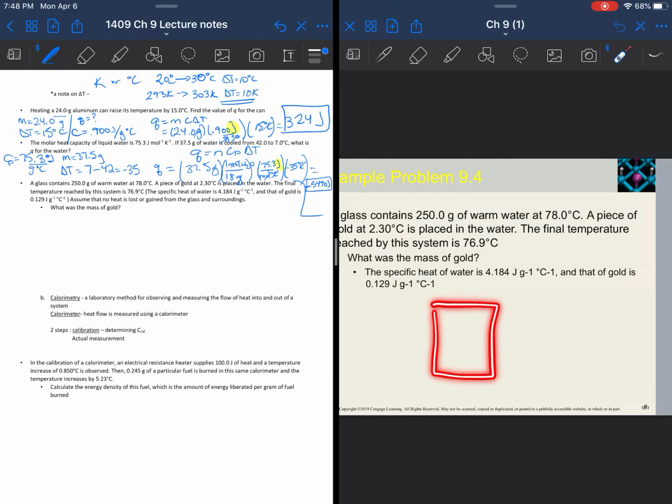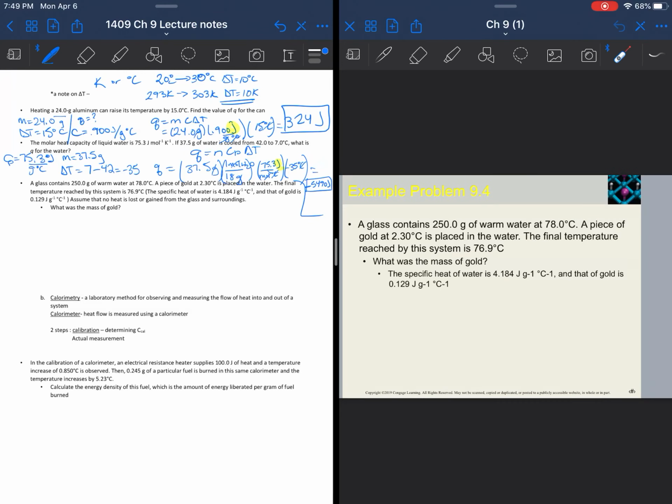So in this first problem, we're not going to think too hard about reality. We're looking at a glass of water, and in that glass of water, we're putting in hot metal, right? So there's going to be some gold placed in this water.